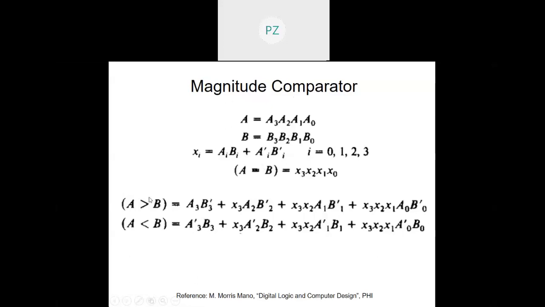Now coming to A greater than B. A greater than B means 1 0. That is the only possibility: A should be 1 and B should be 0. None of the other three combinations.